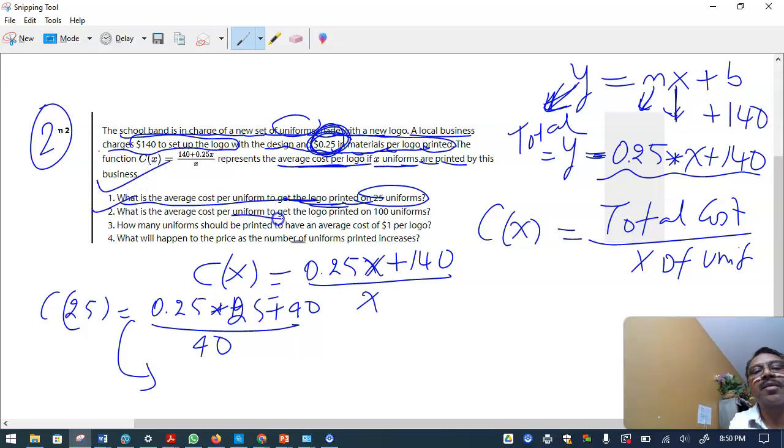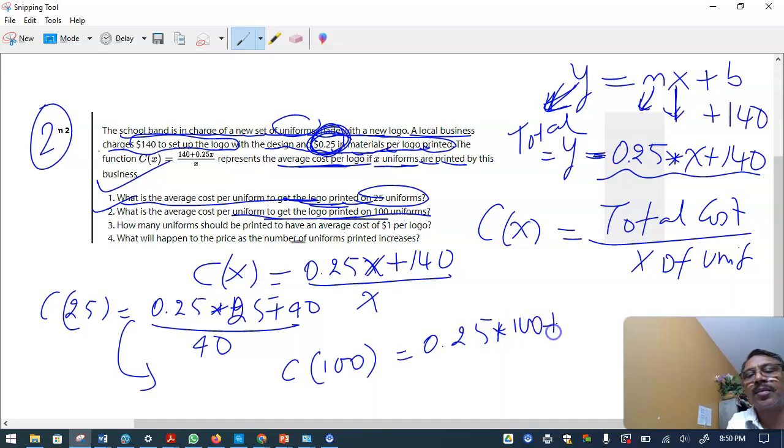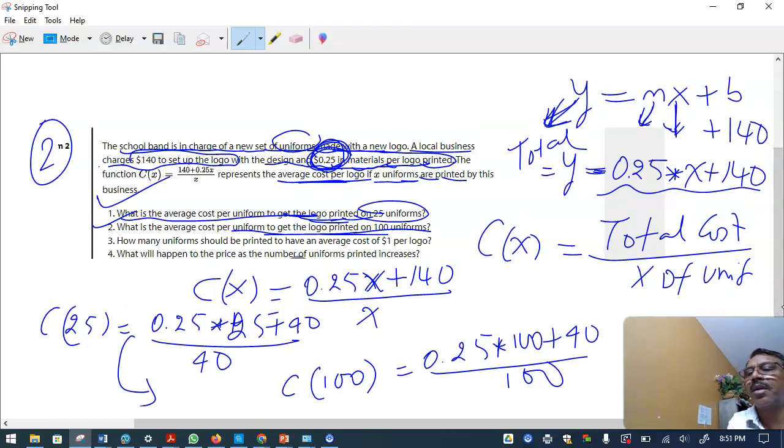The second question: what's the average cost if it is 100 uniforms? All you do is replace x by 100, and that becomes 0.25 times 100 plus 140, and you just divide by 100. Of course, this question doesn't even need a calculator.